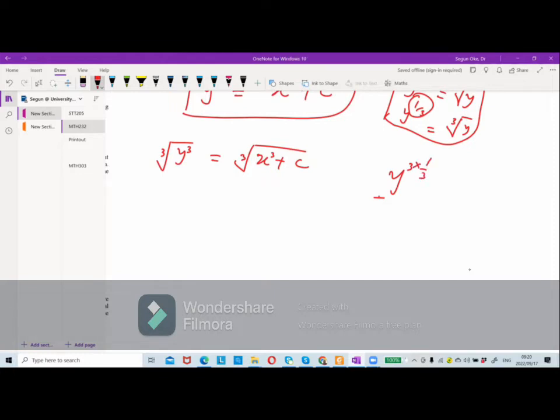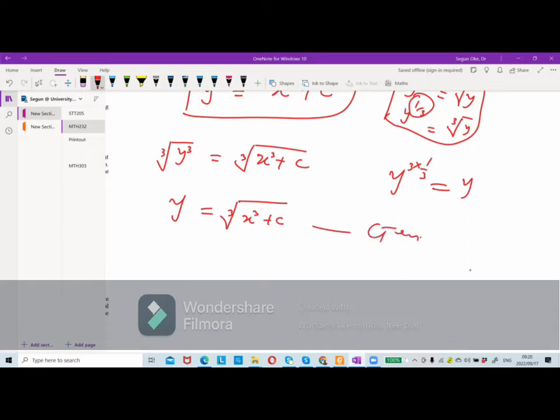That's the meaning of cube root, right? So automatically you have ordinary y. So y equals cube root of s cube plus c. This is our general solution.